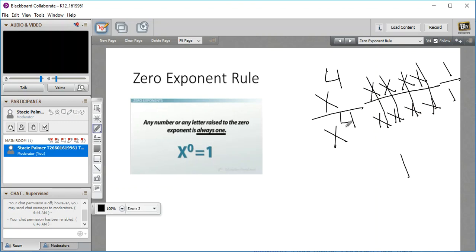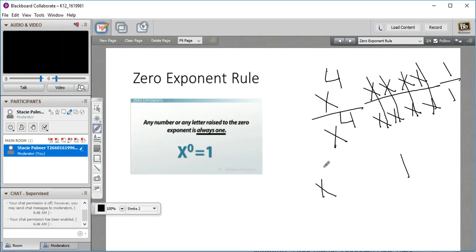Now, if we were to apply the quotient of powers rule, that rule says that when we're dividing two terms that have the same base, we subtract the exponents.